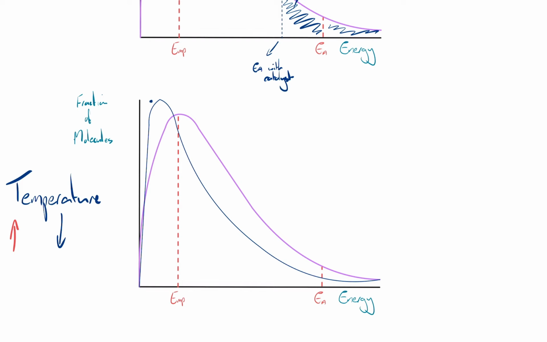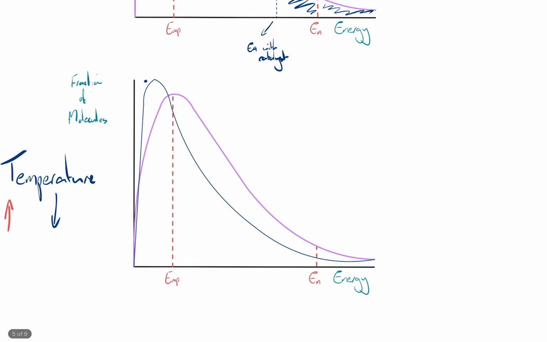Because remember, the number of molecules hasn't changed. So if this was the number of molecules or the fraction of molecules, this will look the same. We need to make sure that this EMP is higher than the EMP of the higher temperature. We also need to make sure it's shifted to the left.